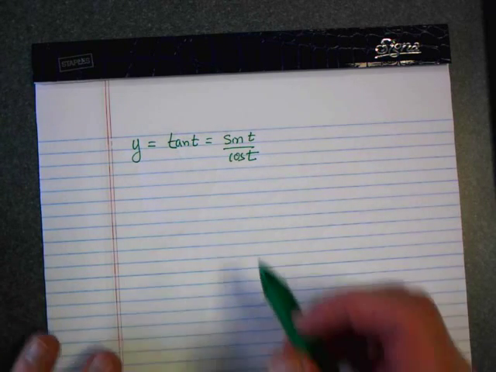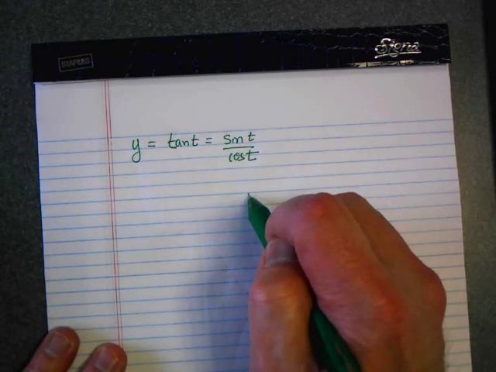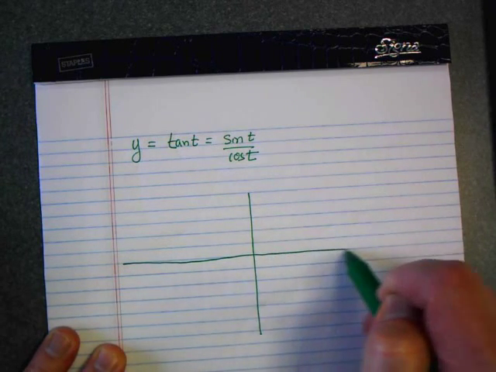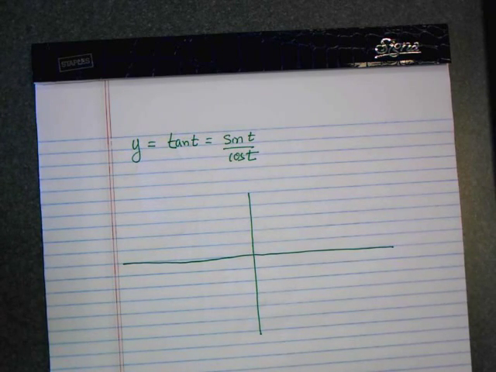So the first thing I know about tangent is I'm going to have some of these vertical dotted lines again. Why do I know I'm going to have some of these vertical dotted lines again? Because cosine can sometimes be 0. So whenever cosine is 0, tangent's going to be undefined, which means we have a dotted vertical line. Where is cosine equal to 0 again?